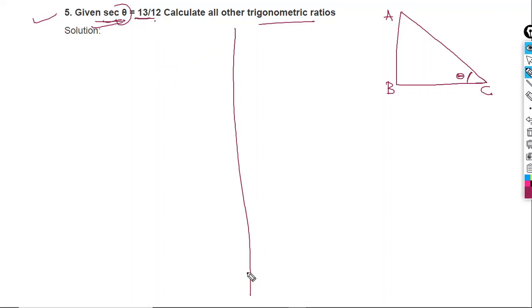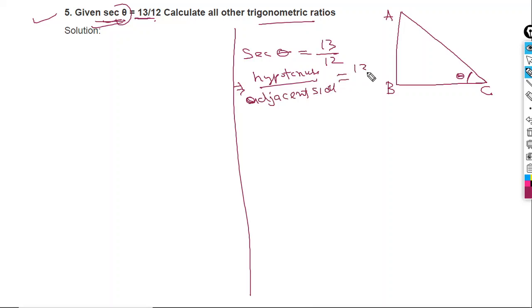Now sec theta equal to 13 by 12. What is the formula for sec theta? Hypotenuse divided by adjacent side, which equals 13 by 12.